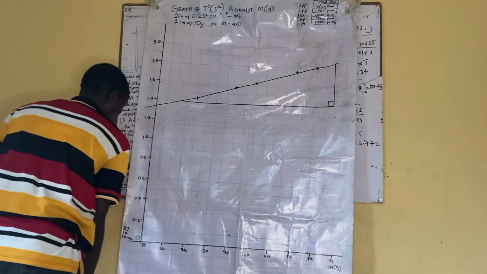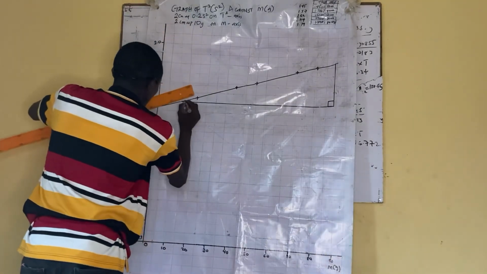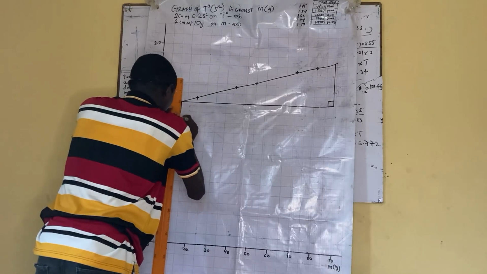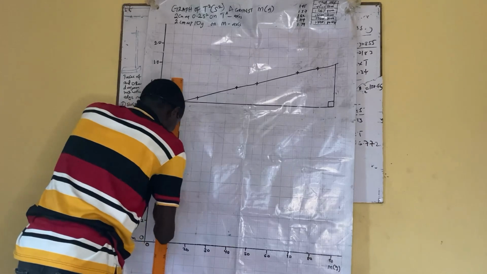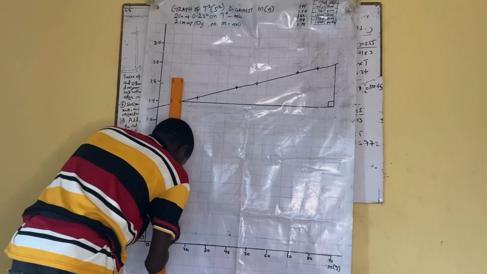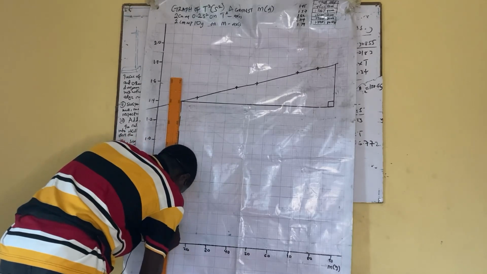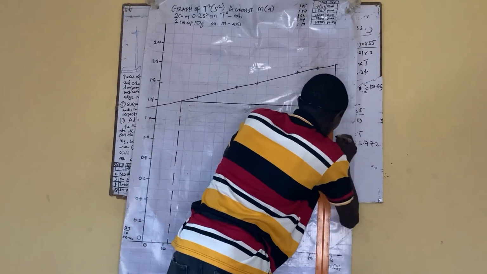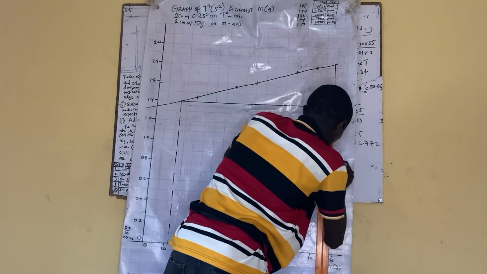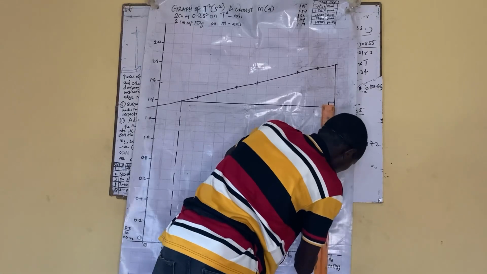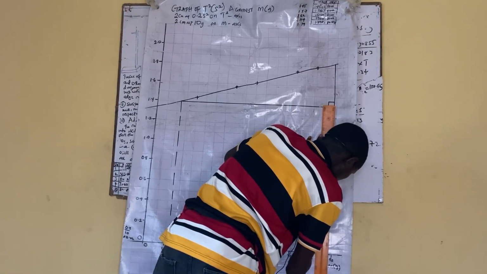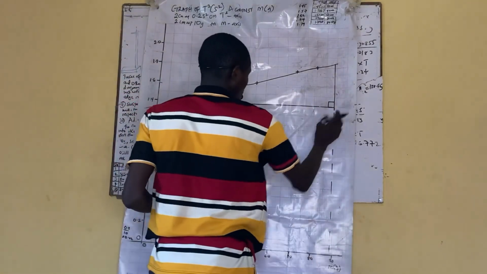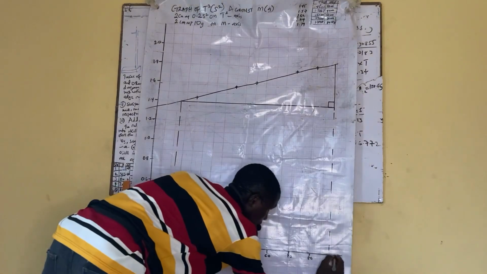Now let's pick the slope points. So now I'm picking this one, picking it down here. So now we have the M1 and then M2 here.